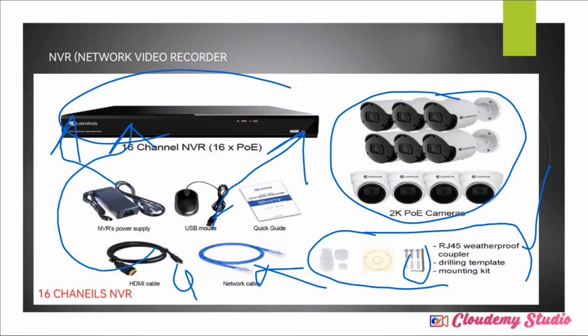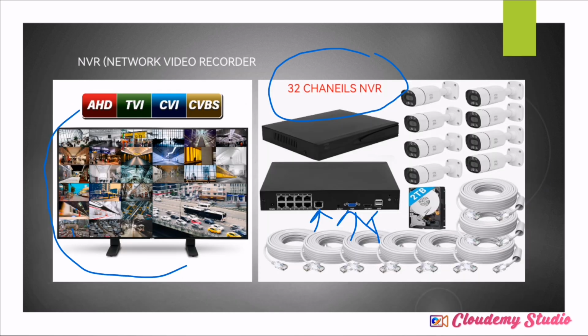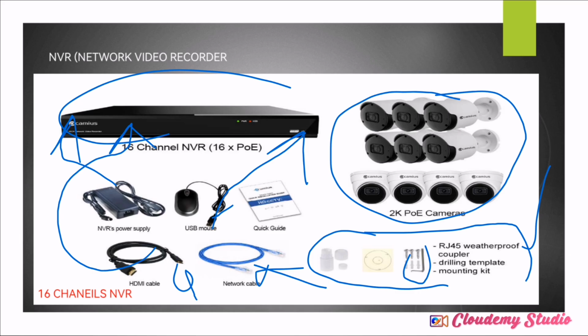So let me raise some of the information so that you can see nicely. Yeah, so this side here, that's where you put that HDMI cable. Then these are just the USB ports, where you connect the mouse.